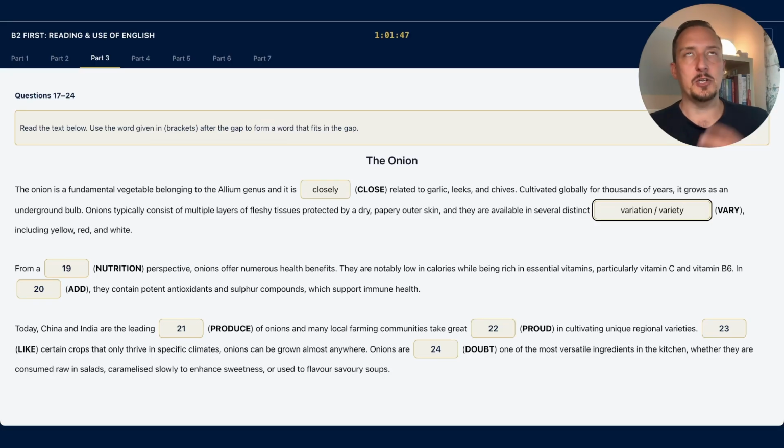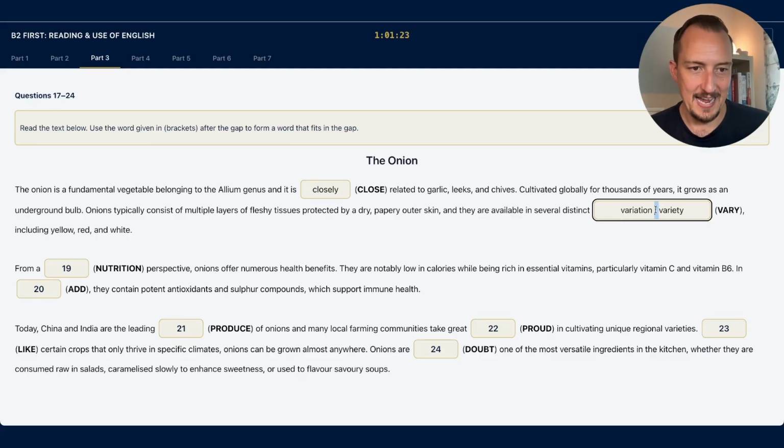So variation, when we use it in English, means a change in something. So you say a variation in size or a variation in color. Variety is used more to talk about the type of something. Now, the type is what we're looking for here, because we're talking about types of onion. We've got it here, yellow, red, and white.